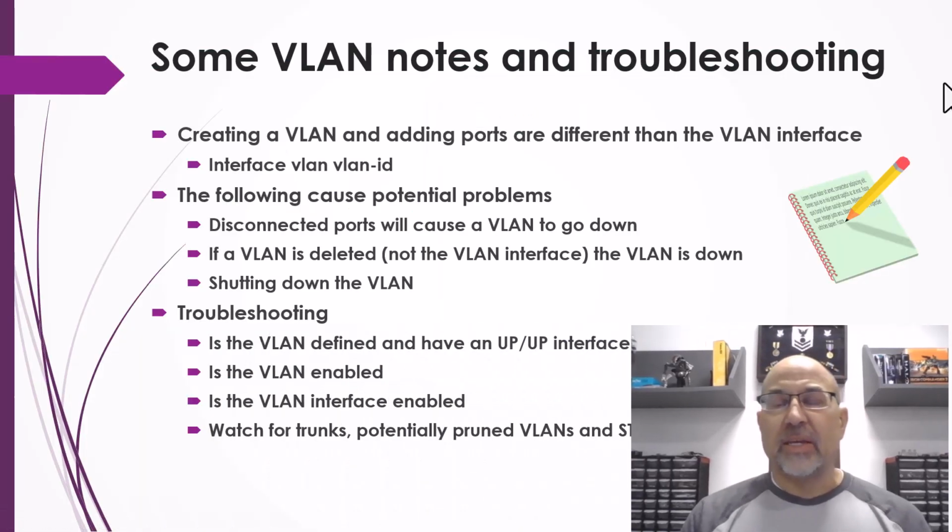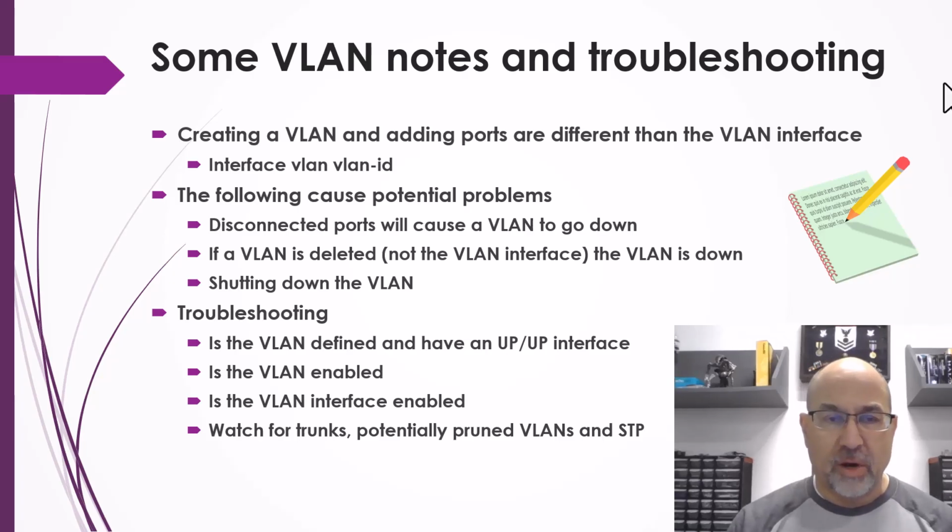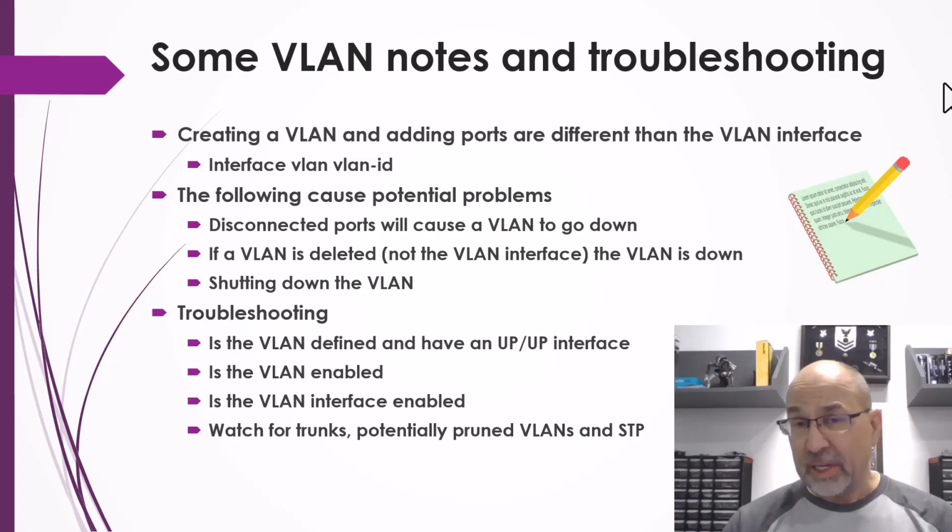Now, a couple of VLAN notes and a little bit of troubleshooting thoughts. Creating a VLAN and adding ports is different than working with a VLAN interface, right? So you saw that I added a port to VLANs in a couple of ways, and then I could go to that VLAN in the configuration. But of course, there's also the interface in a VLAN. So the interface in a VLAN can also be used to shut down a VLAN or bring a VLAN back up.